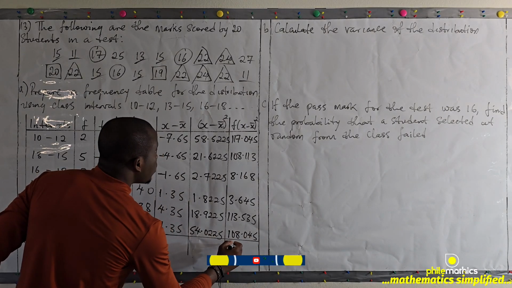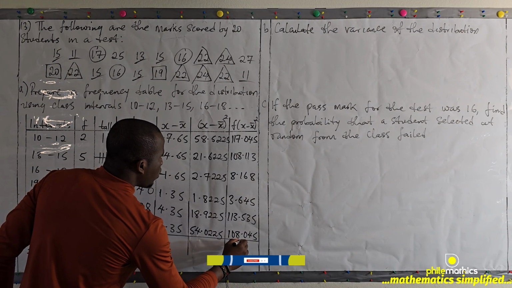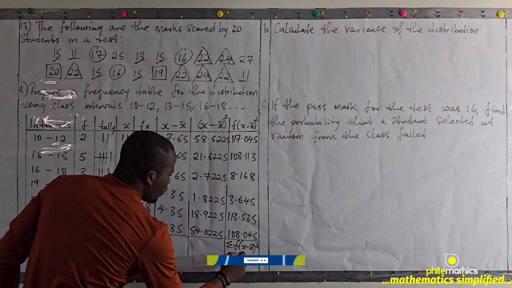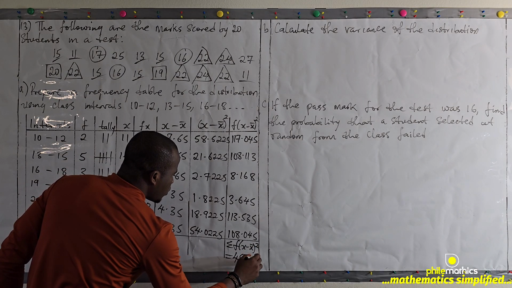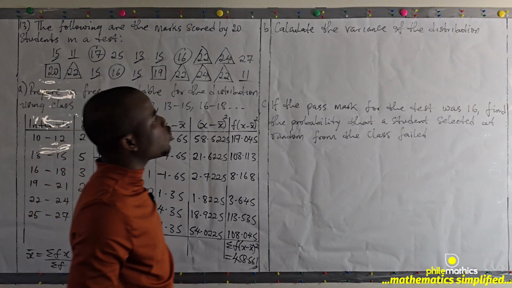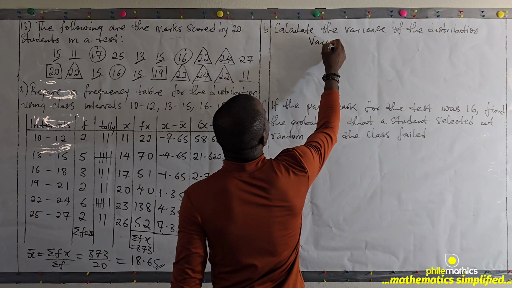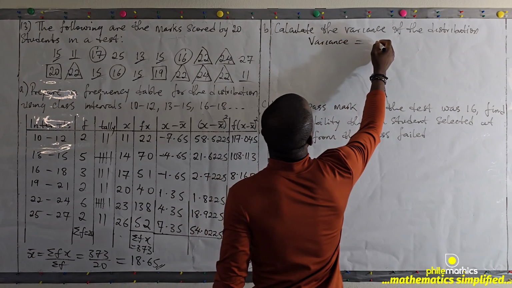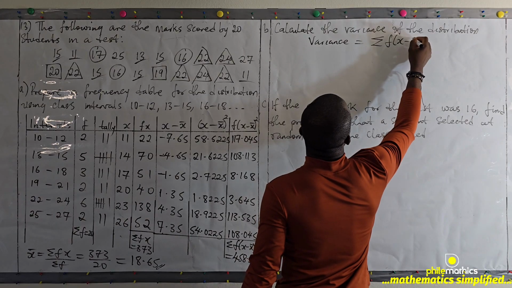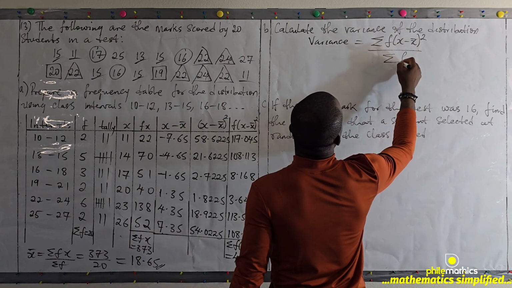we will get summation of f times x minus x bar all square. This is 458.561. So what we are looking for is the variance of the distribution. We know that variance is simply summation of f of x minus x bar all square over summation of f.